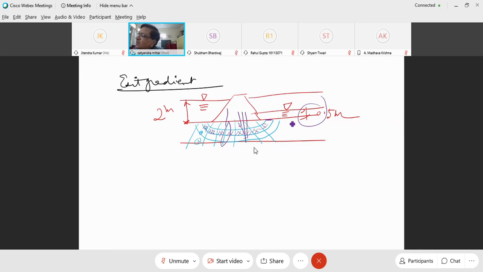This is a compacted soil mass, consolidated over a period of, say, 2000 years, 1000 years, 500 years. Therefore, water has to exert a lot of energy.